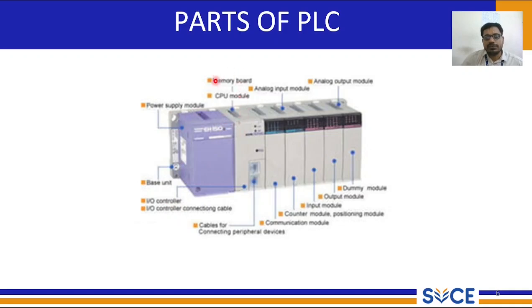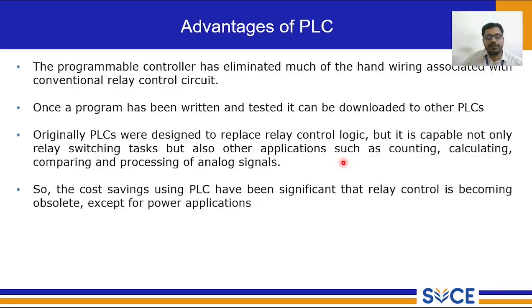Next you have the CPU module, which has the memory space and registers for storing the instructions. Then you have the analog input module, analog output module, communication module, input output module, and also dummy slots for increasing the capacity of the PLC.